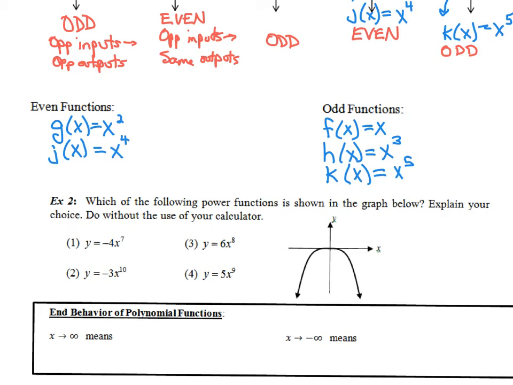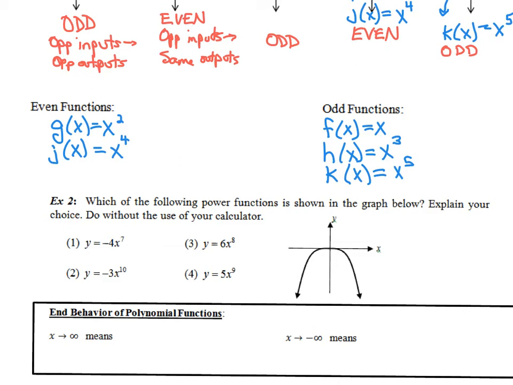So looking at exercise number 2, it says which of the following power functions is shown in the graph below. Explain your choice. Do without the use of your calculator. So did you notice in our last graph, all of those 5 graphs that we did, that when we had odd functions, that was shown on the graph as the graph going from the bottom left-hand corner to the upper right-hand corner.